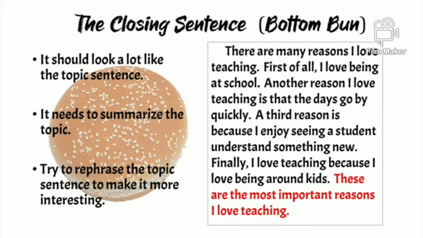These are the most important reasons I love teaching. Yes, that's right. So the first was there are many reasons I love teaching. That's your first sentence. And your last sentence is these are the most important reasons I love teaching.